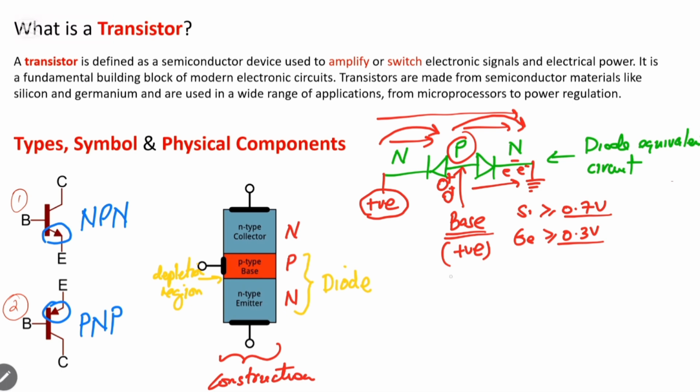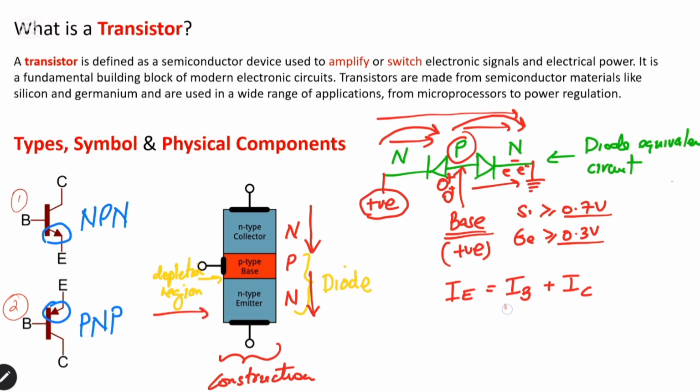So we can simply define mathematically that IE, the current flowing through the emitter, from the P to the N, will be equal to the current from the base plus the current of the collector. That means current flowing through this direction and current flowing through this direction.